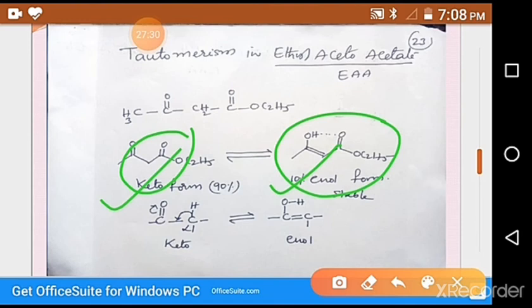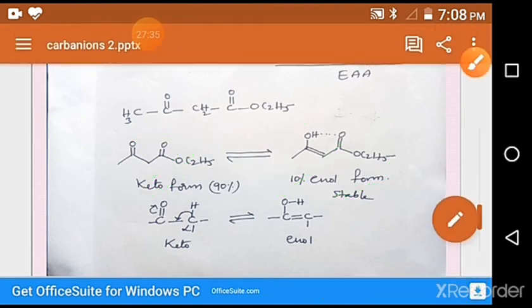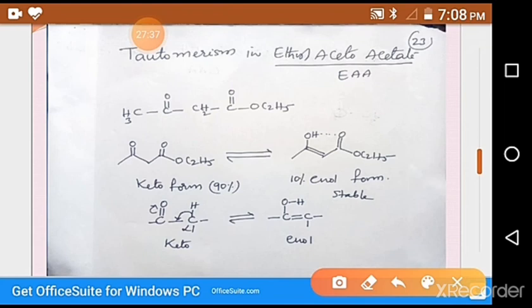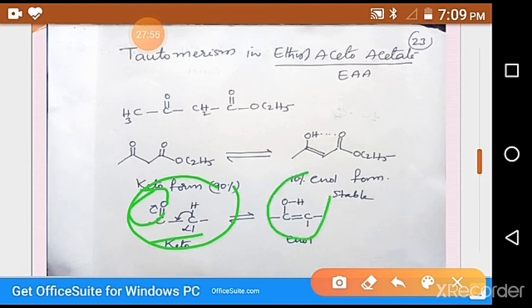What is happening here? This H is shifting, the carbon-hydrogen bond electrons shift to form this bond. At the same time, this double bond shifts its polarization to oxygen due to the higher electronegativity of oxygen. That's why enol formation takes place.